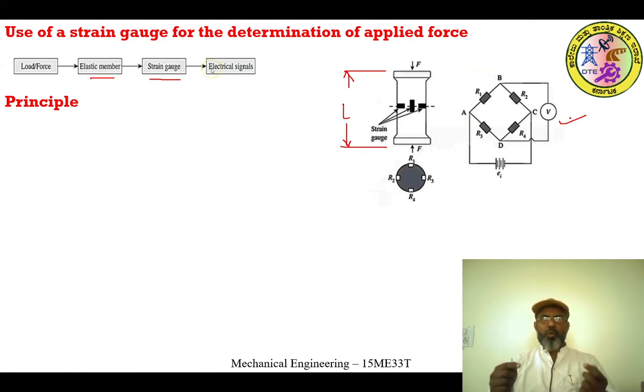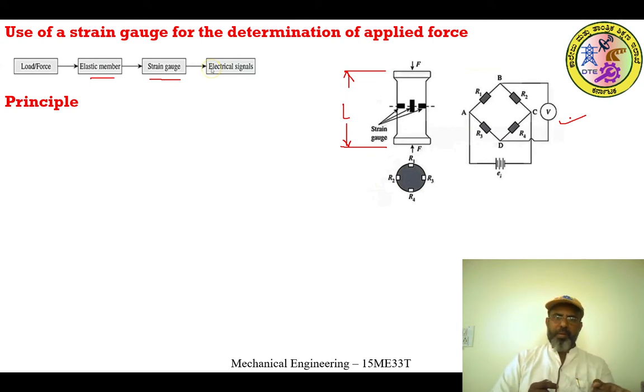Now we may have the question, what is a transducer? In the second chapter we learned that a transducer is a device which converts one form of energy into another form of energy.